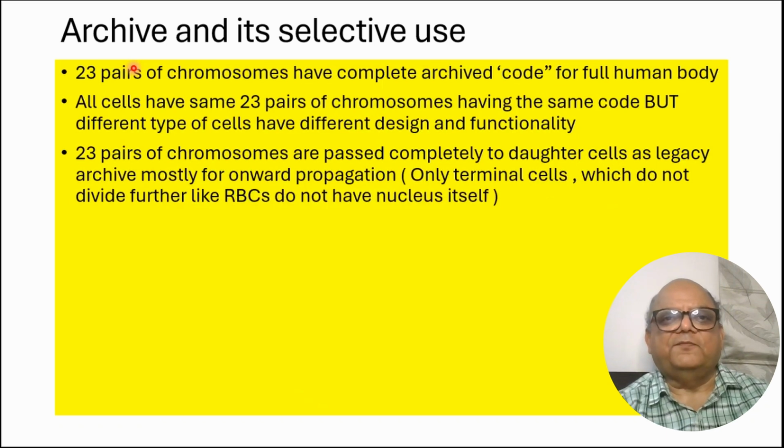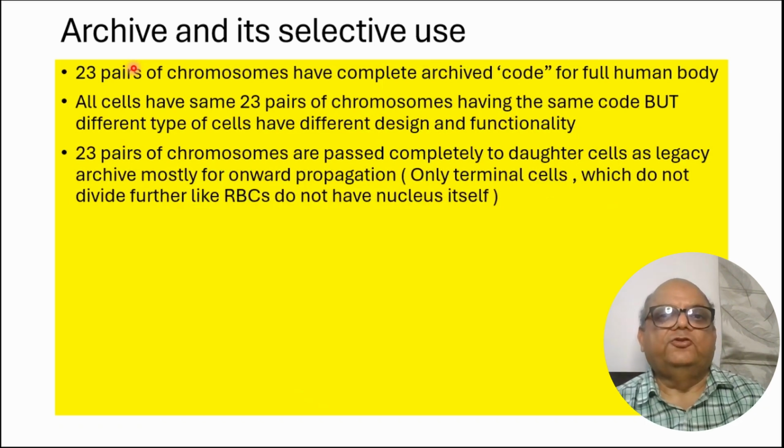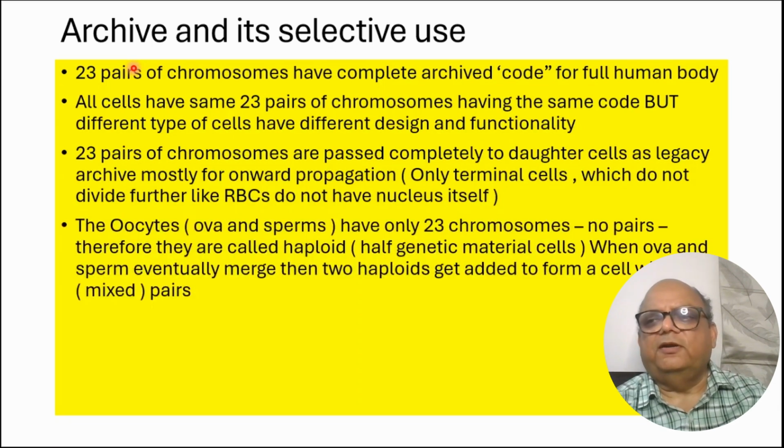But otherwise, by far, wherever the chain of oncogenesis lies and different kinds of cells have to be produced as daughter cells, all the 23 pairs of volumes are passed as they are, as an archive. Okay, they are passed as an archive. It's not that they are opened and referred to in each cell. So the oocytes, as I said, have 23 chromosomes, no pairs, so they are haploid.